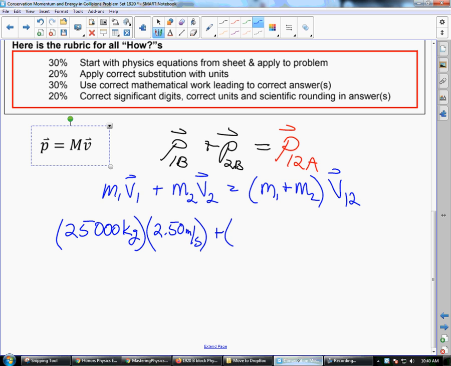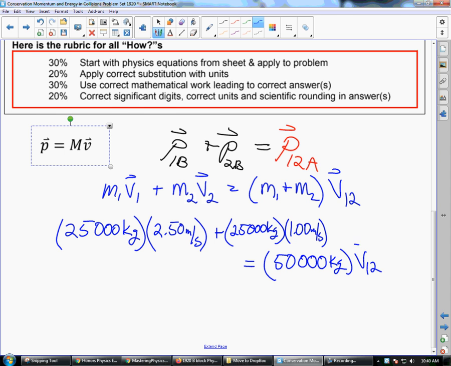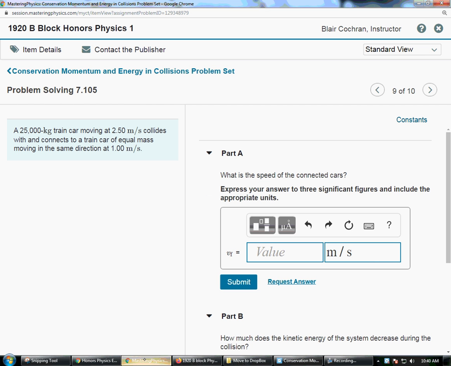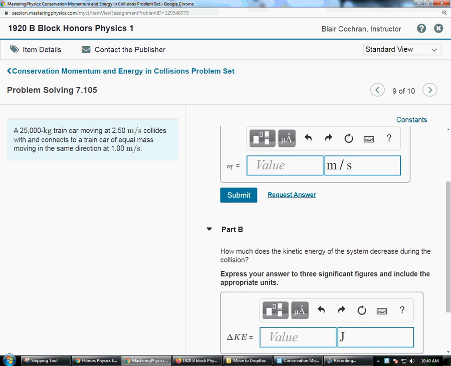Excellent. 25,000 kilograms, moving at minus 1.00 meters per second. A little math in my head.